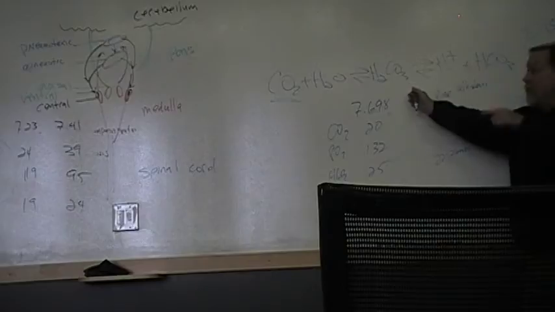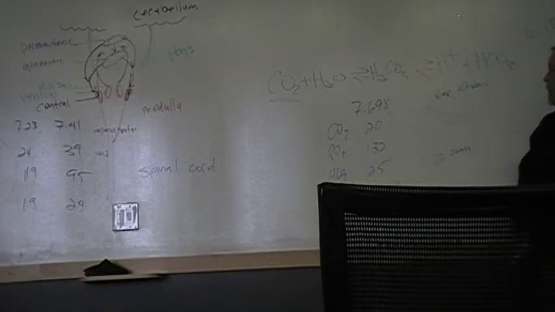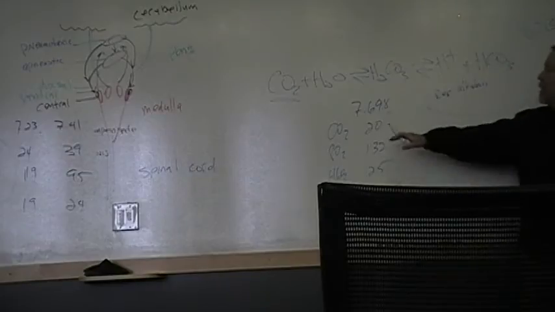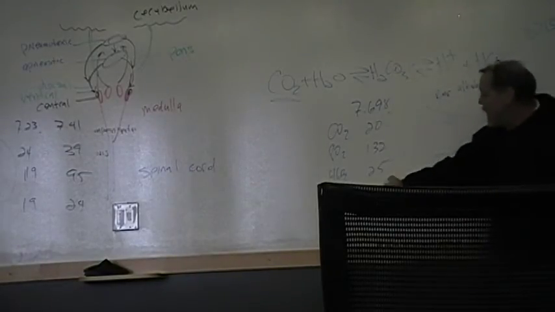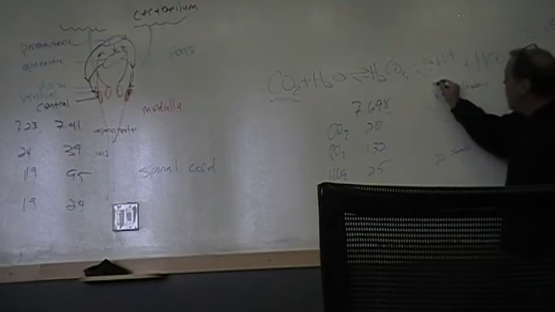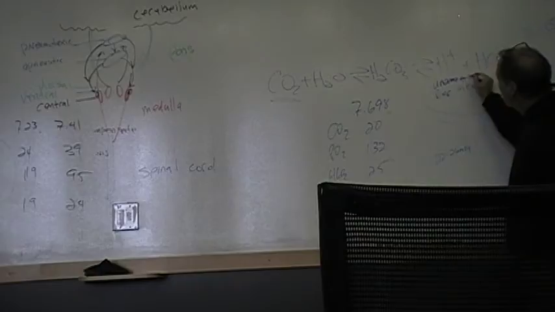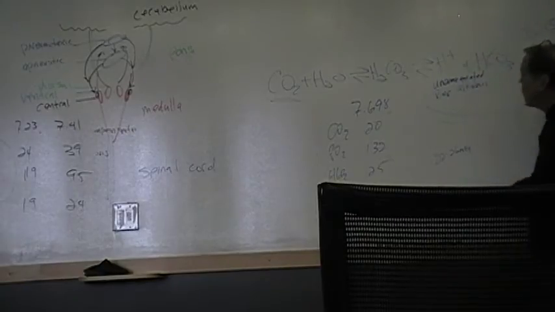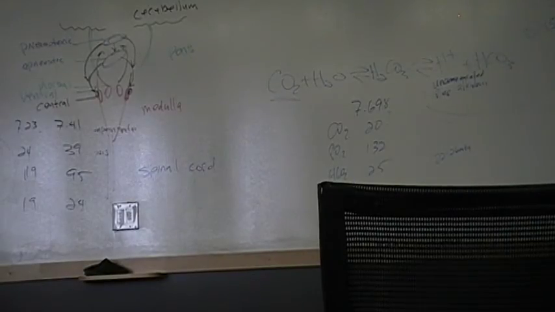We'd excrete bicarbonate, so this has to be down to 16 or so, to excrete enough bicarbonate to bring this back to 7.35 to 7.45. So because it's 25, it's uncompensated. Completely uncompensated respiratory alkalosis. What's the other one?